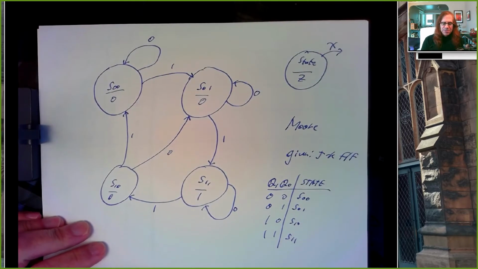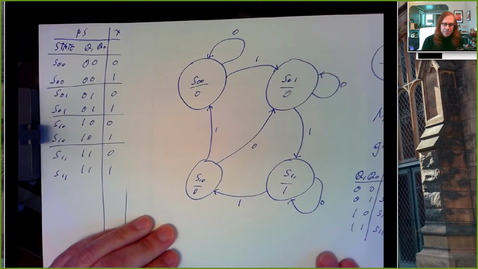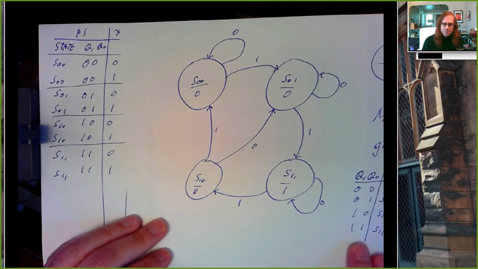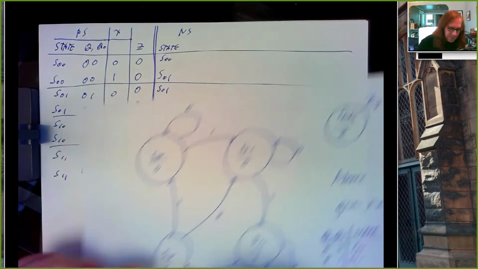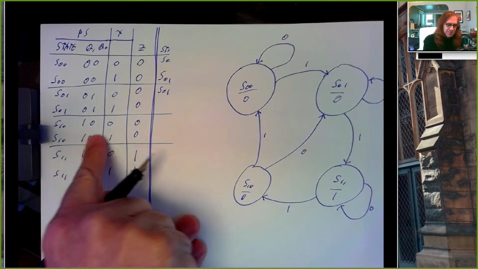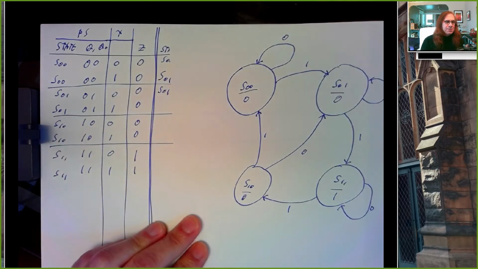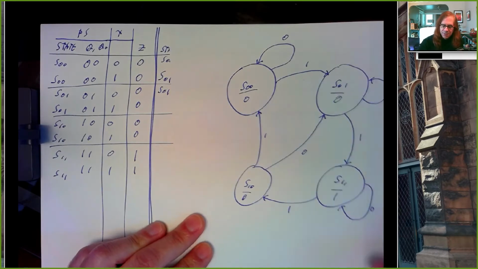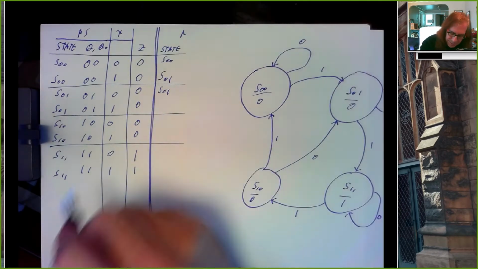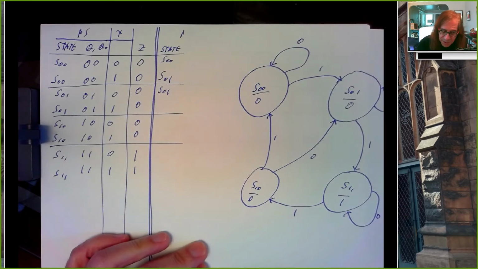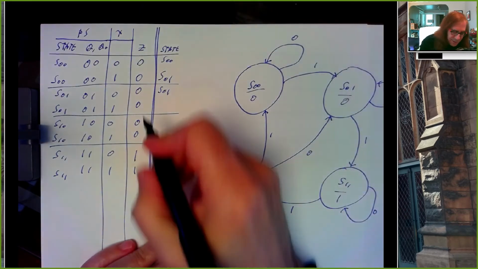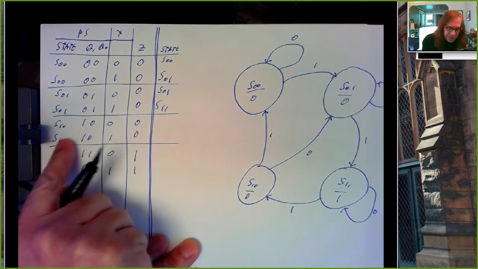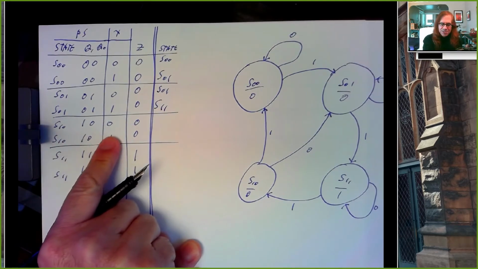All right, so 0, 1, input's a 0, what's your new state? 0, 1. Good. All right, 0, 1 and your input is a 1, what's your new state? 1, 1. Yeah, state's 1, 1. All right, how about 1, 0 and input's a 0?